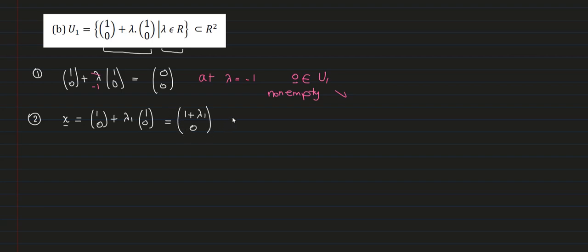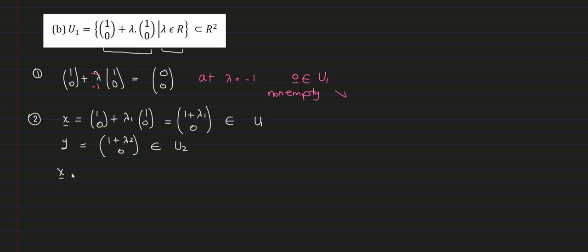So this element does belong to u1, and this lambda 1 belongs to the set of all real numbers. Okay, let's also get y, which will be directly (1 plus lambda 2, 0), and it does belong to u2. You might write it in detail like we did here, or directly.